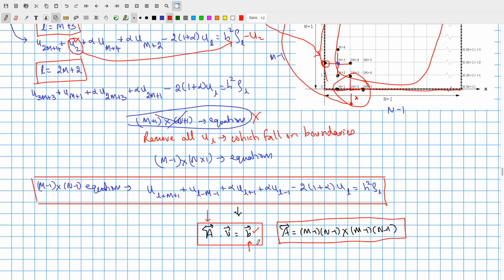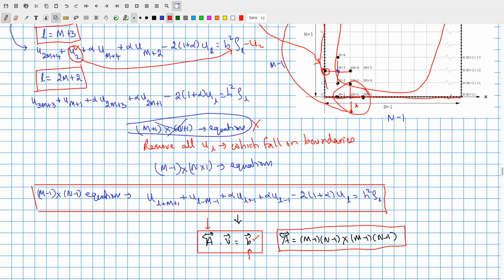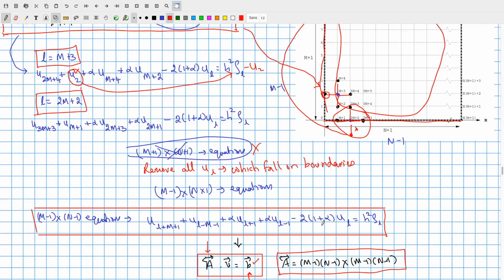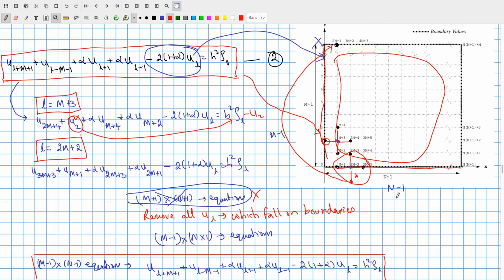Now coming back to the matrix A. This is basically an (m-1)(n-1) cross (m-1)(n-1) matrix. Now let us try to see how many elements this matrix is going to have. For any nominal calculation, consider m equal to 100 and n equal to 100, which is actually not at all unreasonable, because when you try to solve partial differential equations, m equal to 100 and n equal to 100 are not a good choice.